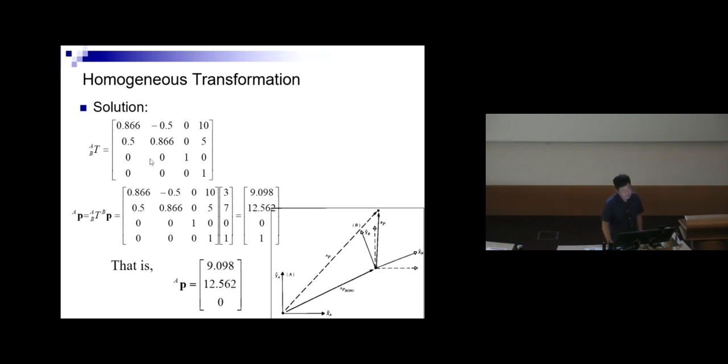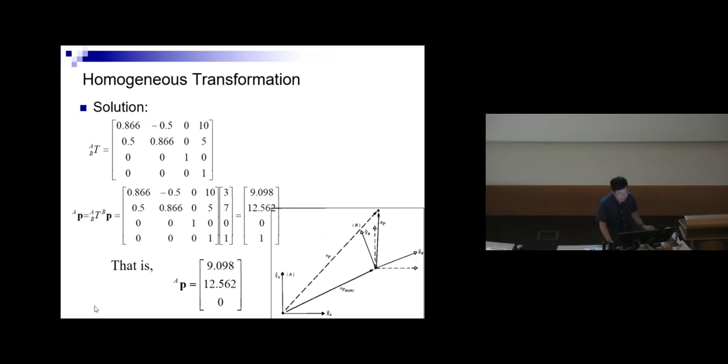This is the rotation matrix, and this is the translation vector: 10, 5, 0, meaning x is equal to 10, y is equal to 5, and z is equal to 0. You do the multiplication, and you will end up with this value.